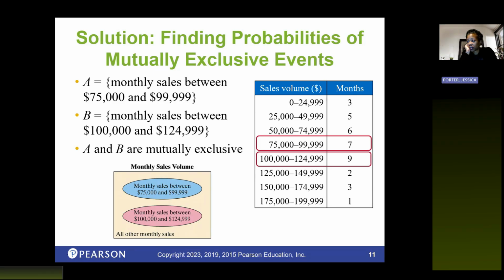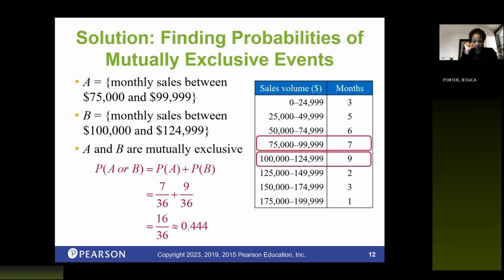How many did I have all together? Months. 15, 16. Which is 36 altogether.